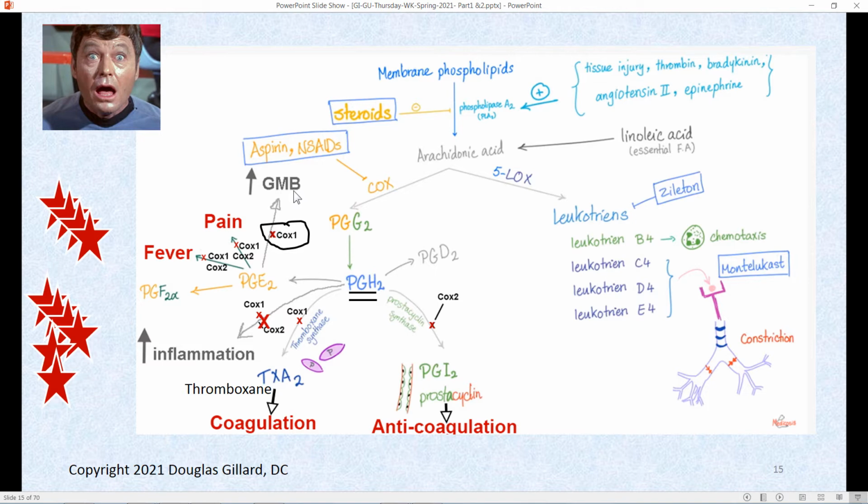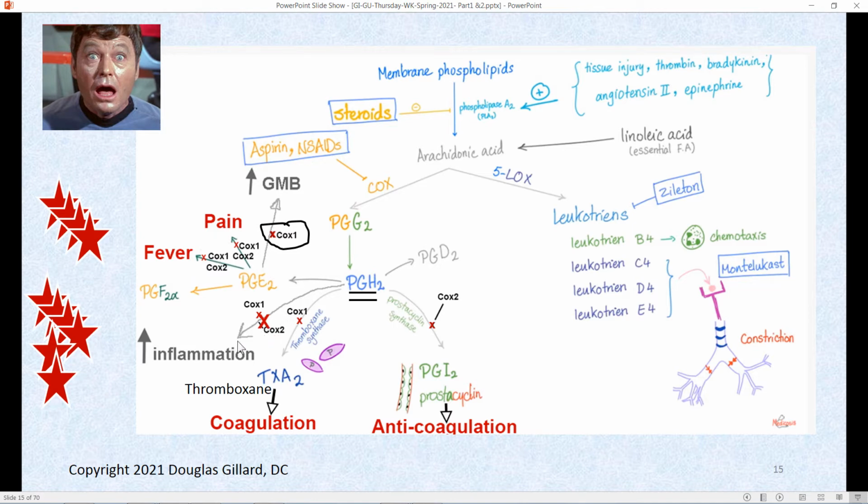So PGE2 is not going to be able to function to make that barrier, and that's not good because without that barrier, you're going to get acid. It also reduces the pain response. COX-1 is responsible for pain, so if you block COX-1, you're not going to get pain. If you block COX-1, your fever is going to decrease.